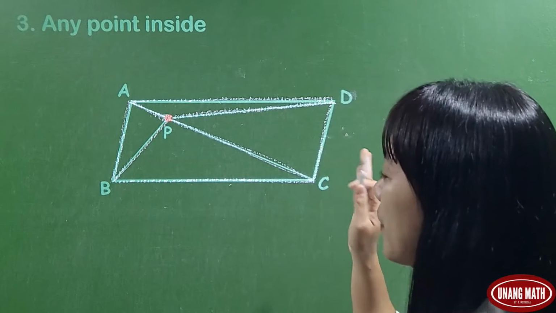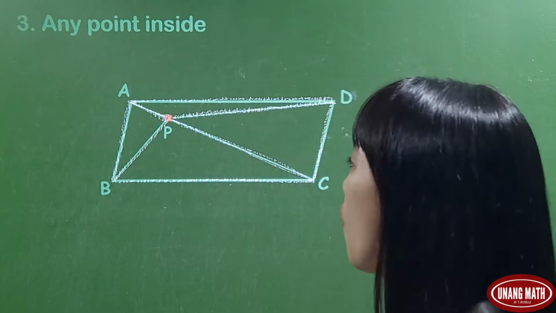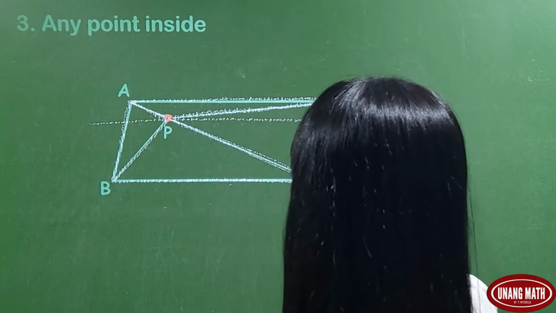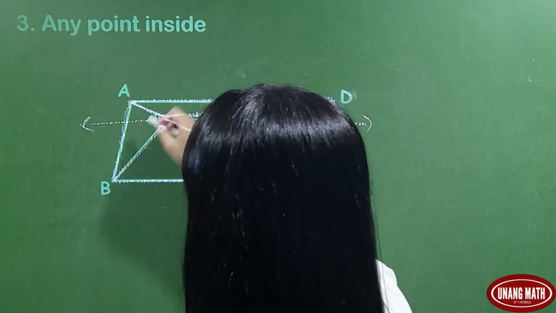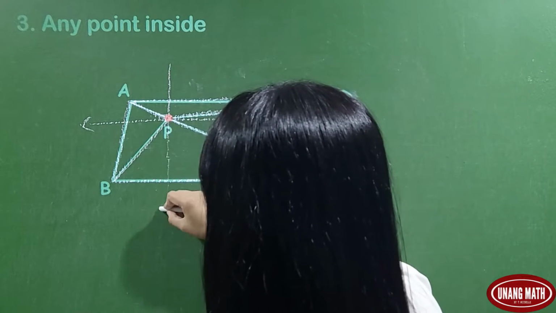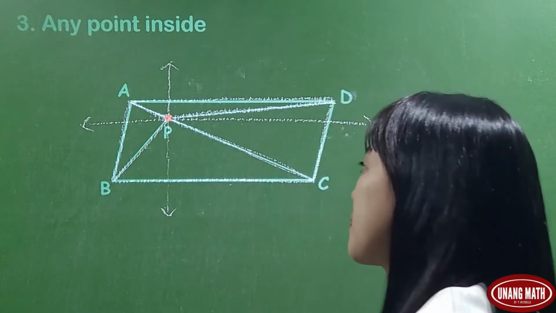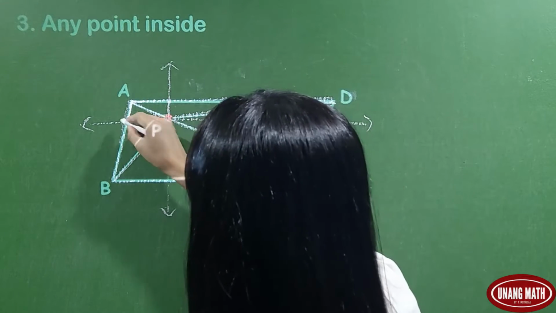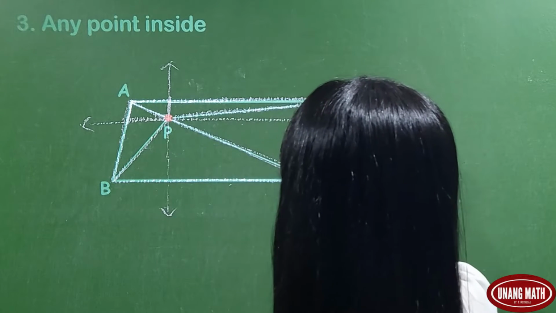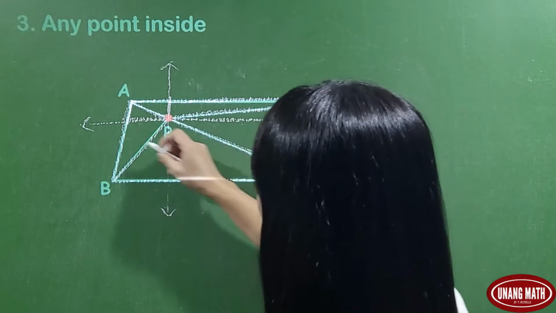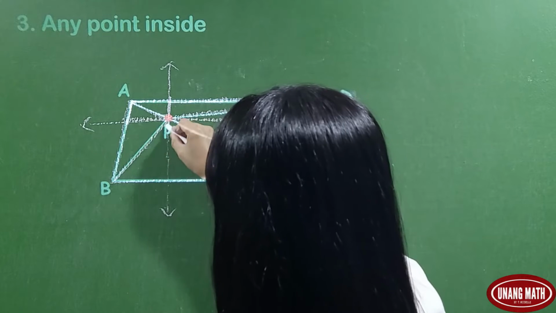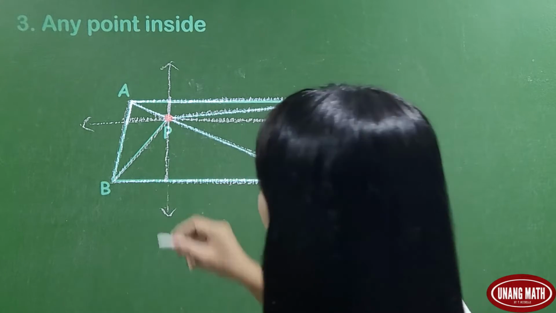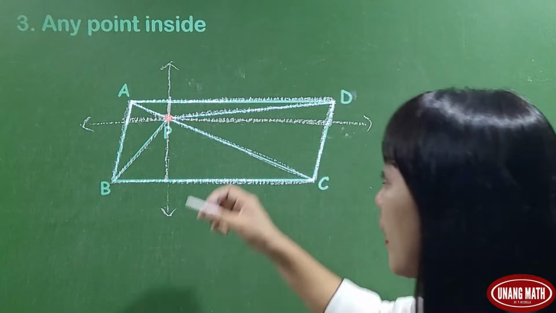Okay, to prove that one, if we are going to draw a straight line here, and this vertical line here, as you can see, we have here 1, 2, and this is the third parallelogram, and now this is our fourth parallelogram.